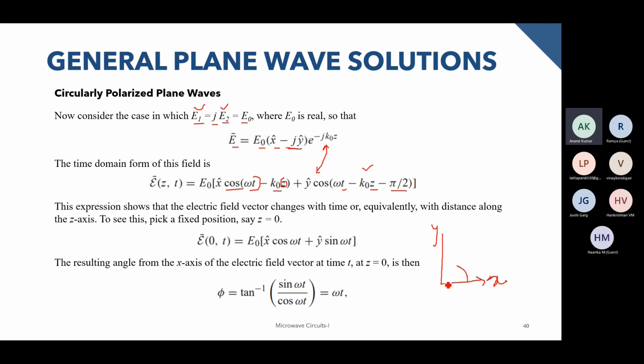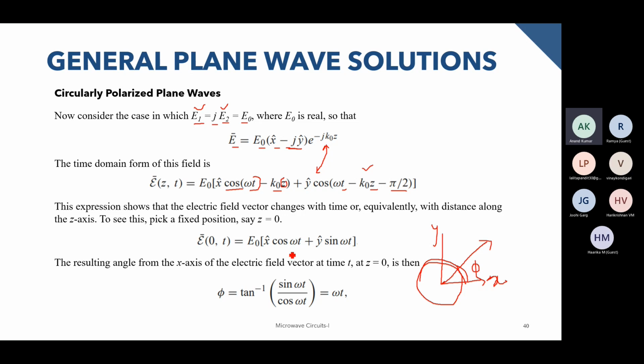For example, if this is the direction of the electric field, and this was the phi that we are calculating, we are seeing that this particular phi is changing with omega t. And as the time increases, this phi increases and then comes back to the original position, and this particular angle is changing.